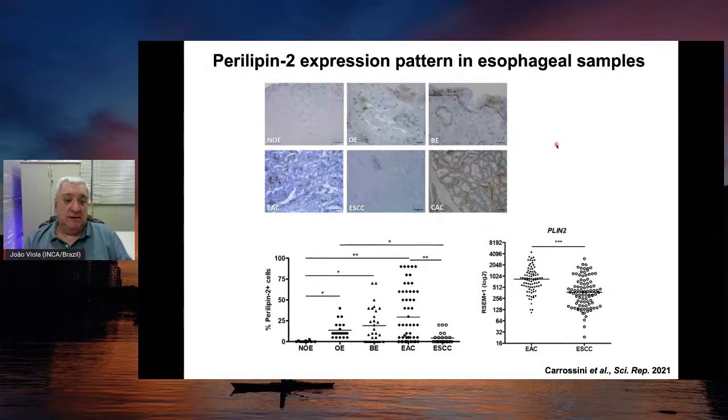I show here some labeling for perilipin 2. Perilipin 2 is the new name of ADRP, a structural protein of the lipid droplet organelle. When we label ADRP, we can localize the lipid droplets.